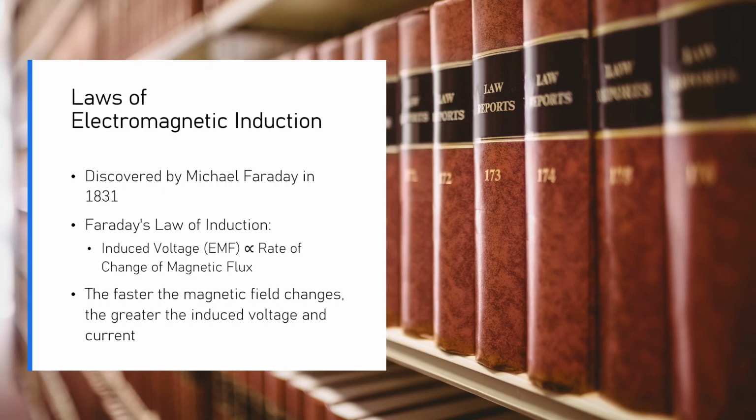To understand electromagnetic induction, it was important to acknowledge the laws surrounding it, specifically the concept being discovered by Michael Faraday in 1831. He established a law stating that the faster a magnetic field is changed, the greater the induced voltage.